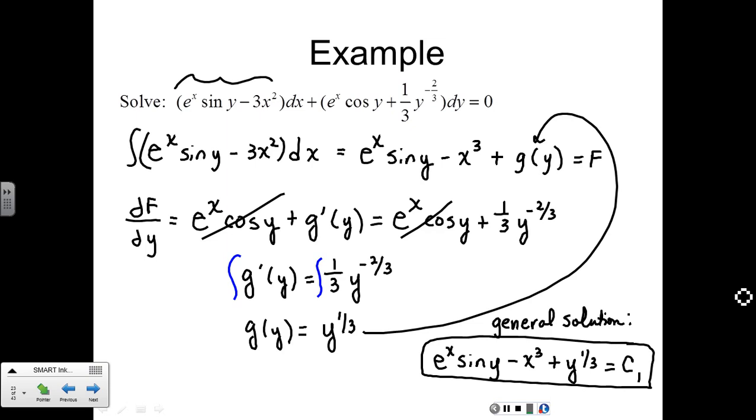On a test, I would tell you this is an exact equation, so use that procedure. Now, you guys are getting a cheat sheet on these tests, right? One full sheet of paper. I think it would be very foolish to not have two things on there.